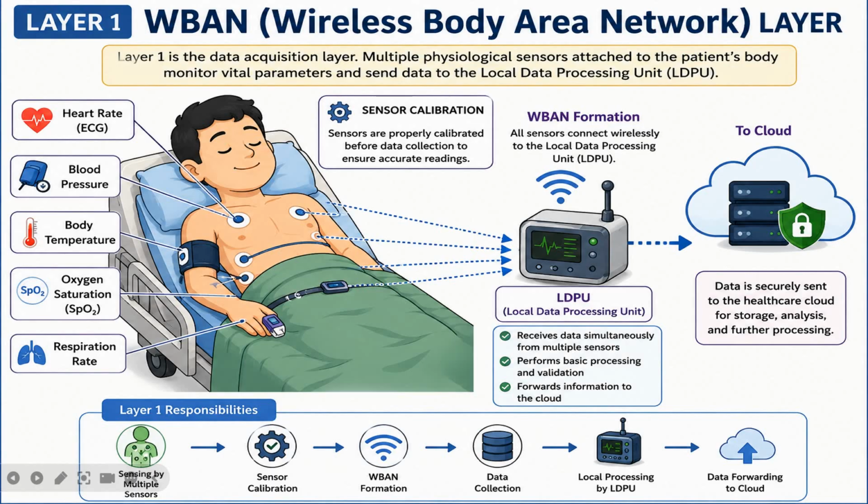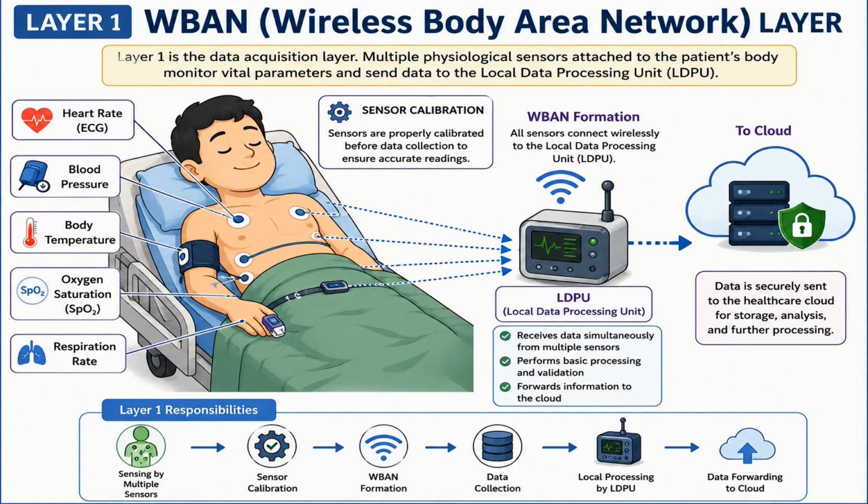these sensors continuously monitor the important health parameters such as the ECG, blood pressure, body temperature, SpO2, that is the oxygen saturation, and the respiration rate. Each sensor performs a specific task and collects a different type of physiological information. Since the sensors measure different parameters, they are referred to as heterogeneous sensors.